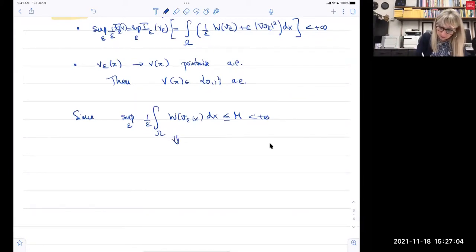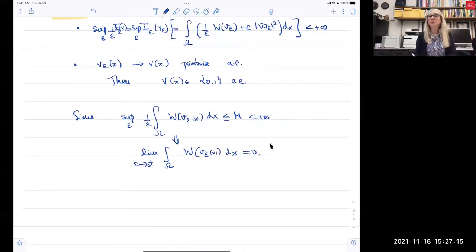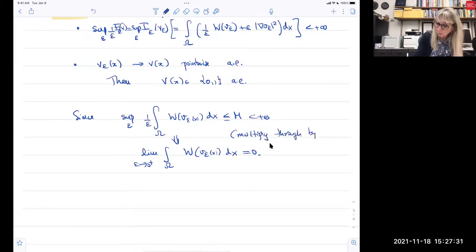So that tells me that the limit as epsilon goes to 0 is 0, correct? Multiply through by epsilon, let epsilon go to 0. Okay, so that's fine.